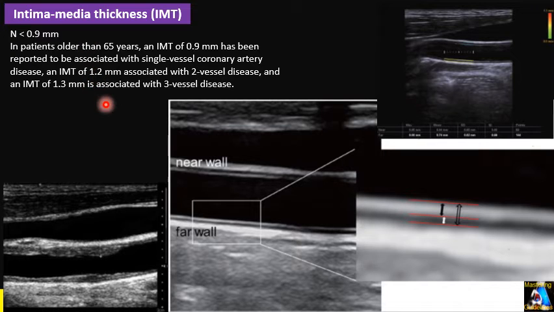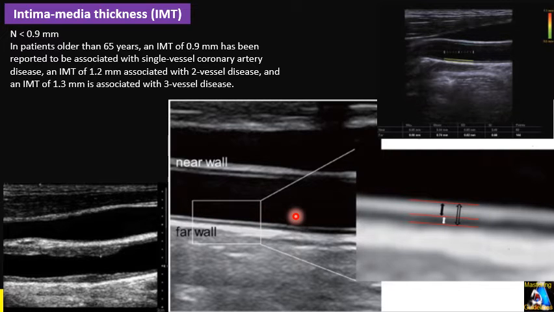For that purpose, we go longitudinal and then 1.5 to 2 centimeter before the bulb, and with focusing, optimizing the image, we measure the posterior wall here, as you can see.